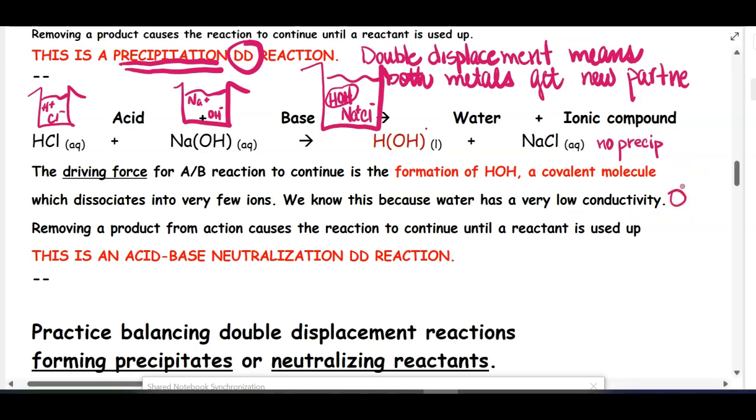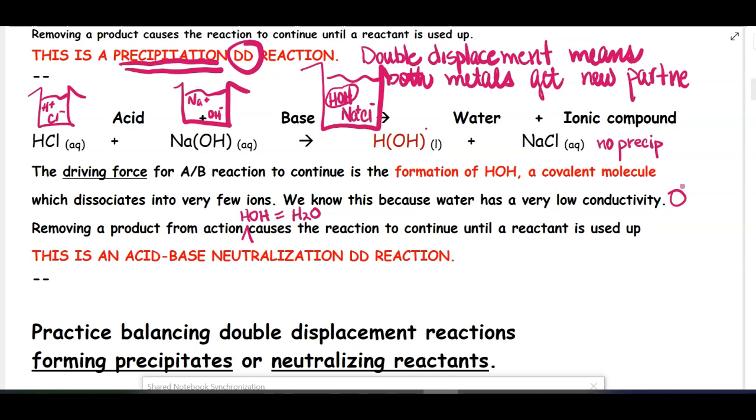Removing a product from the reaction causes the reaction to continue, and in our case, this was the HOH. HOH is just H2O, correct? You can see why I wrote it that way, because that's how it combined. This is called an acid-base neutralization.